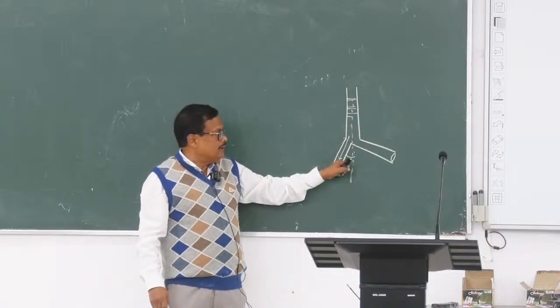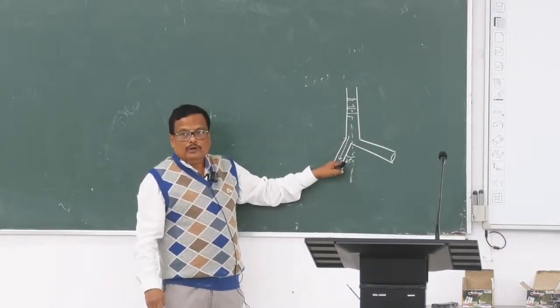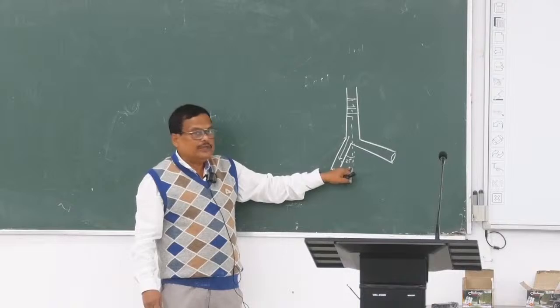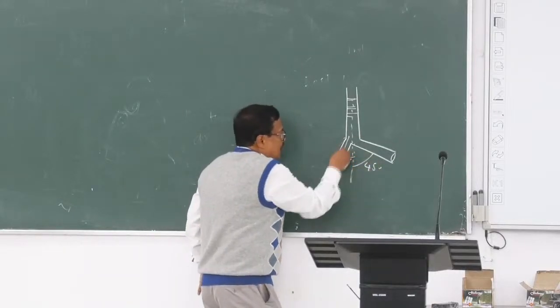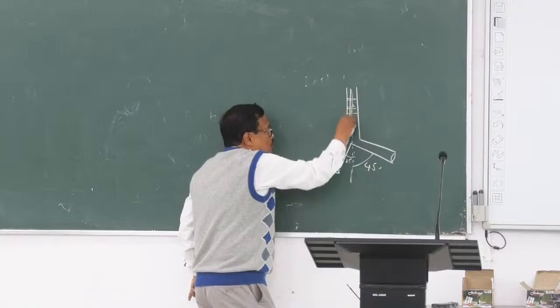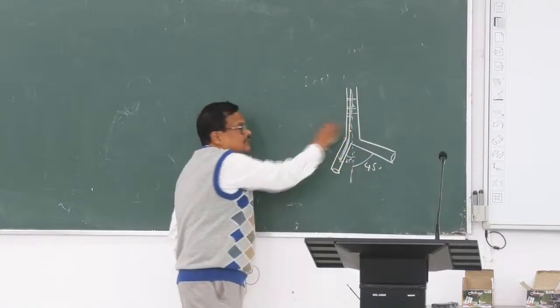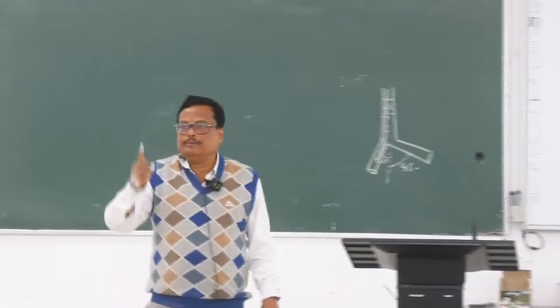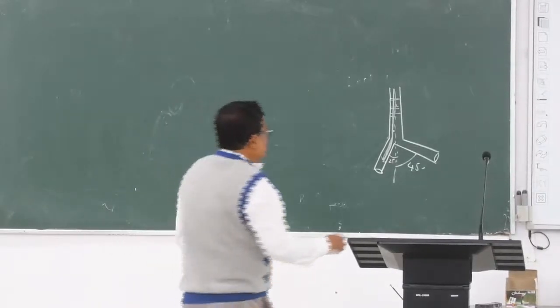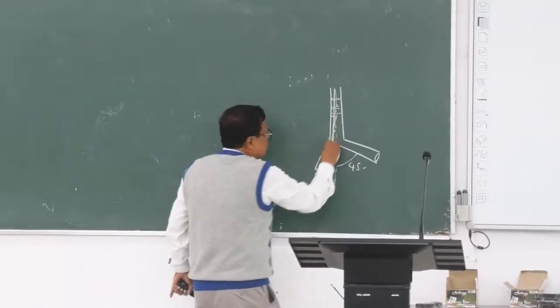So right principal bronchus makes an angle of 25 degrees from the tracheal axis and left makes 45 degrees. So right principal bronchus is more or less in line with the trachea.